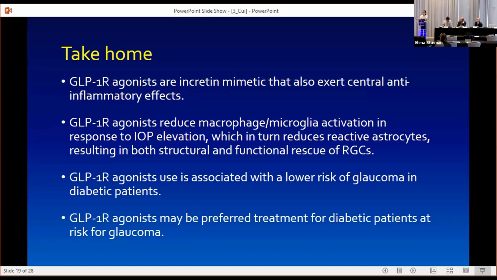This in turn reduces reactive astrocytes and results in both structural and functional rescue of retinal ganglion cells. GLP-1 receptor agonist use is associated with a lower risk of glaucoma in diabetic patients based on our database study. And at the very least, our data suggests that in diabetic patients who are at high risk for developing glaucoma, perhaps this class of medication should be a preferred second-line agent for treating diabetes if they need something else for their blood sugar control.